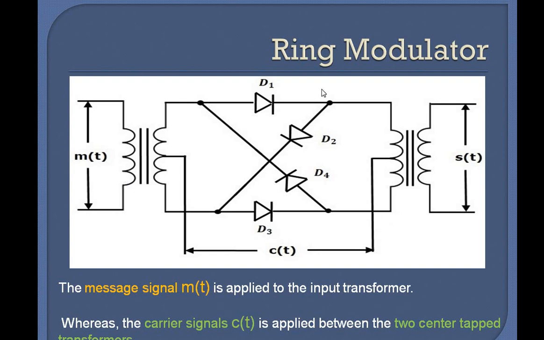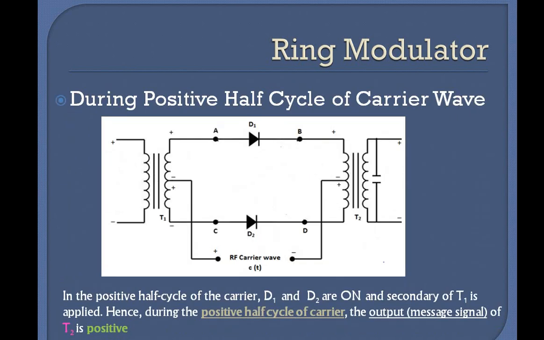Here is the modulated signal. Here you will be generating your carrier, and all the remaining operation will be done over these 4 diodes. Okay, let's see the operation. First we will see the positive half cycle. The diodes are completely controlled only by square wave carrier signals. So what we are doing here is getting square wave carriers.